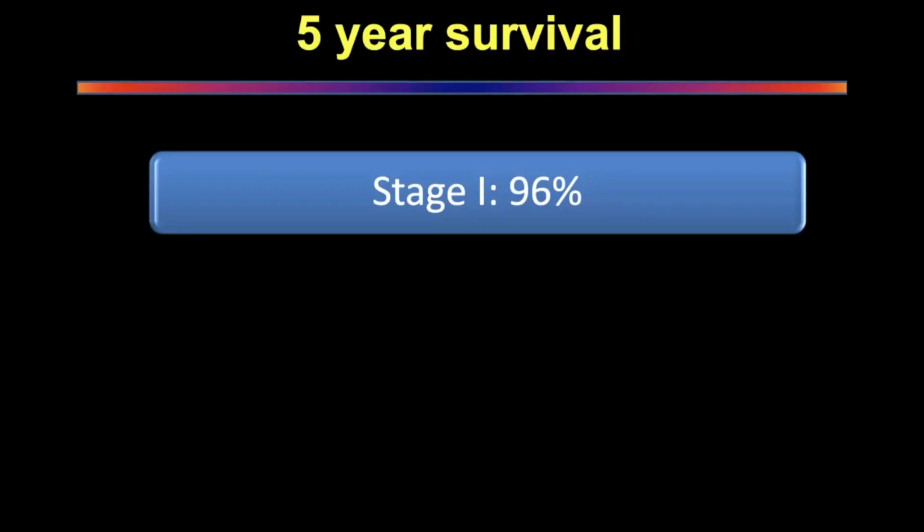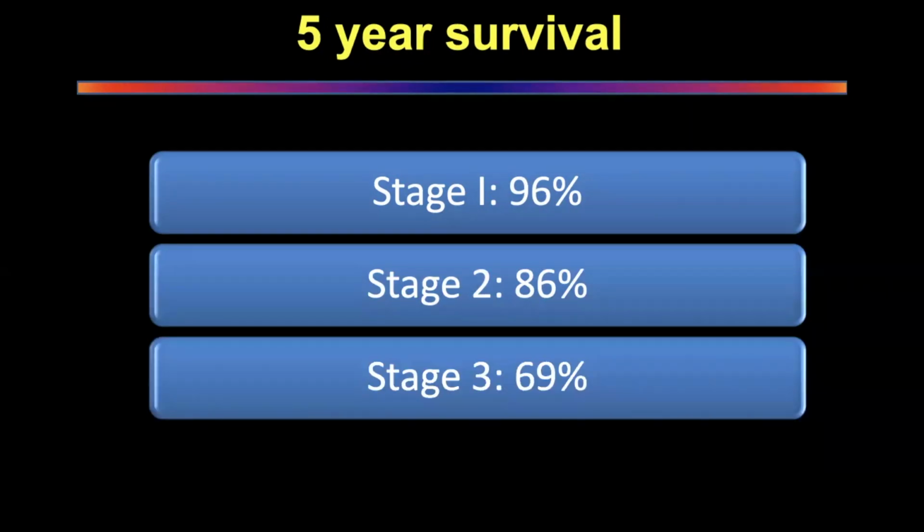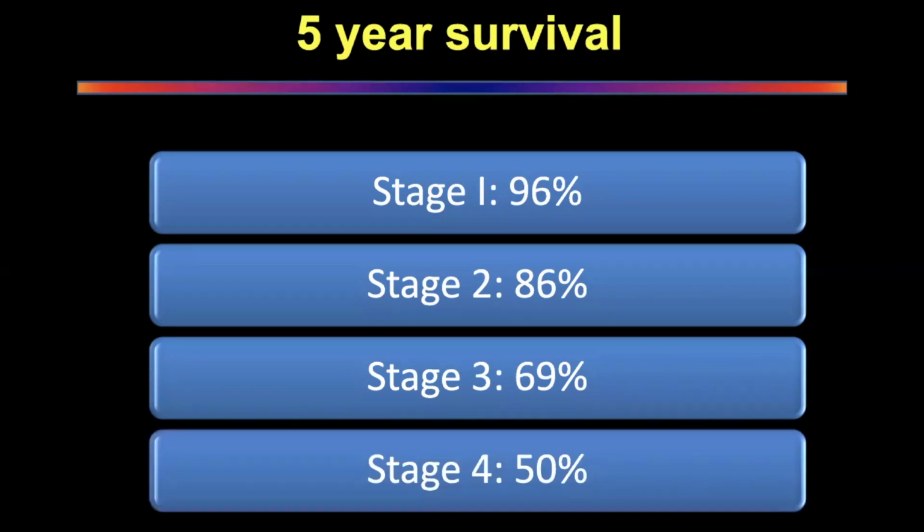And stage 1 is 96%, 5-year survival. Stage 2 is 86%, 5-year survival. Stage 3, which is invasion of the pericardium, invasion of the vessels, still has a 69% 5-year survival. And more importantly, stage 4 has a 50% 5-year survival.